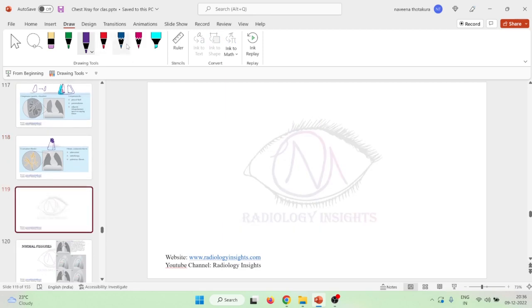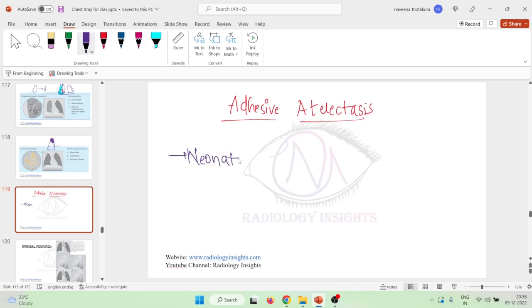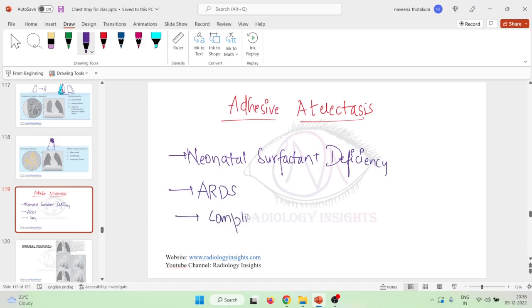One more type of atelectasis is adhesive atelectasis. This is seen in conditions like neonatal surfactant deficiency, in adult respiratory distress syndrome, or as a complication of smoking.